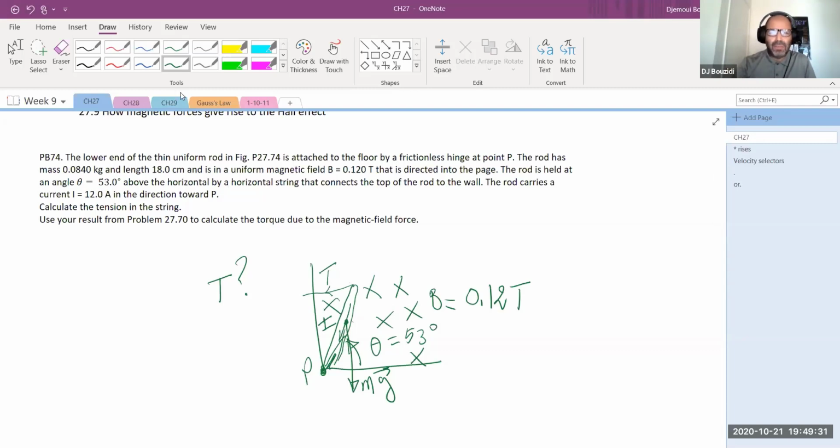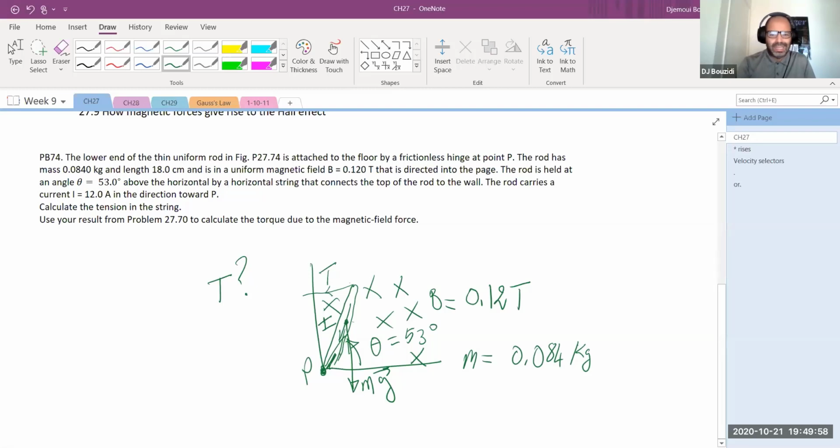It's a static problem, by the way, because this rod has a definite mass, and the mass is given also: m is equal to 0.084 kilograms. Given the units and the quantities that were given to me, I do not need to convert anything. Everything is in SI.